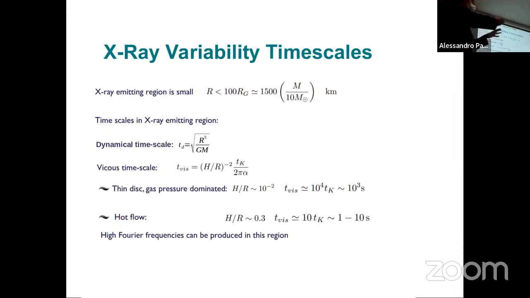And of course, there are different physical processes occurring. It's believed that there is a hot flow in the inner parts of the system. If you calculate these time scales, you get something of the order of milliseconds to thousands of seconds. And if you extend this analysis to the outer regions of the accretion disk, you can get time scales of weeks or months even. So these low mass X-ray binaries have a variety of time scales.